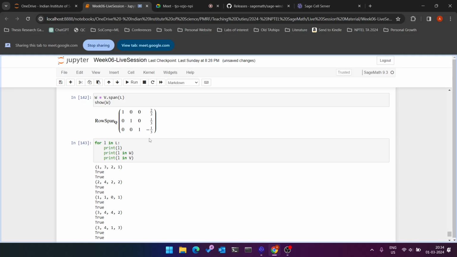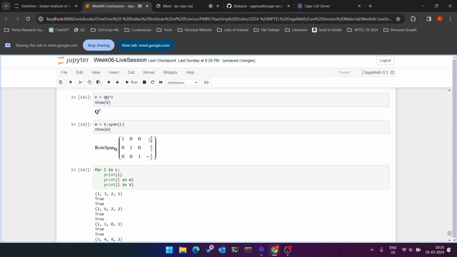So even though we have five vectors, the dimension of the subspace that comes out from linearly spanning those vectors is 3, and it's a subspace of the vector space Q raised to 4.